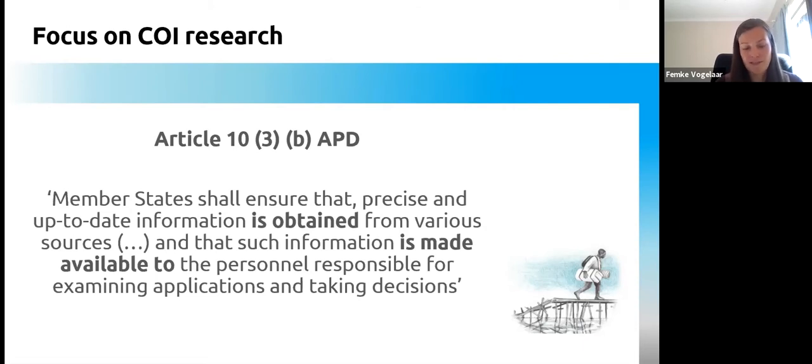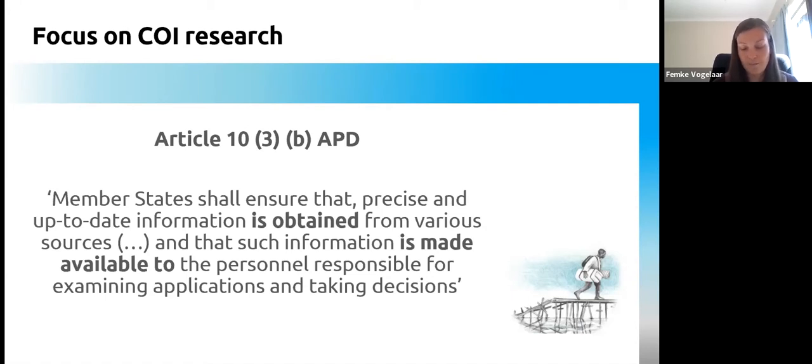So the 2008 Common EU Guidelines for Processing COI mention that the criteria, objectivity and impartiality, imply that whenever possible, the processing and production of COI should be kept independent from the decision-making process and policy-making process. According to UNHCR, this is a matter of credibility and authoritativeness of the COI provider.